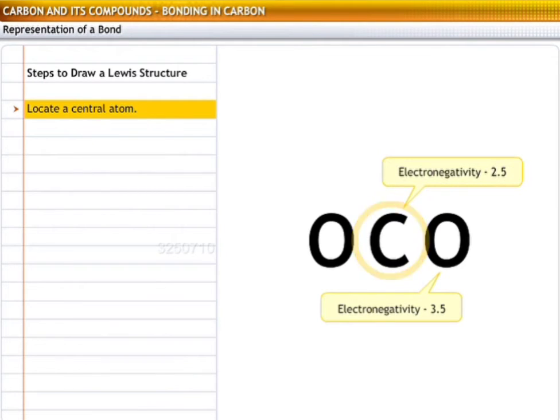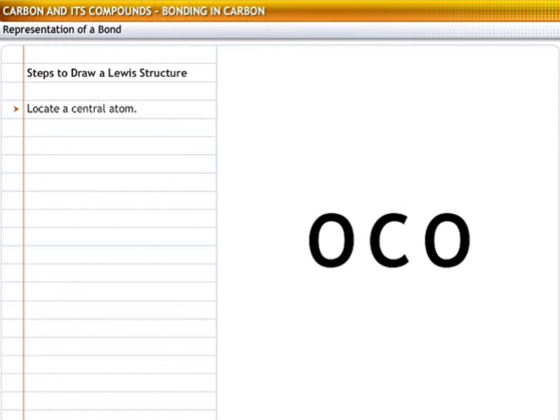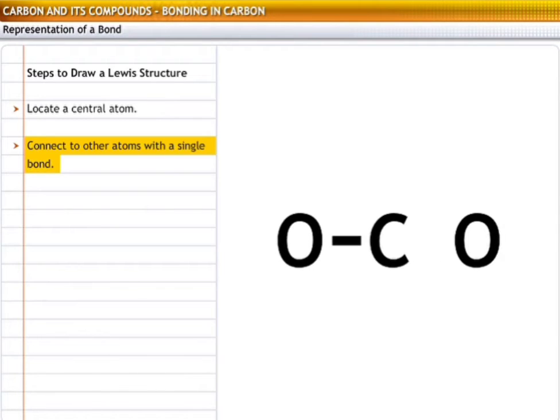In carbon dioxide, since carbon is less electronegative than oxygen, it is the central atom. After selecting the central atom, connect the other atoms to it with a single bond. We may change these bonds to become double or triple bonds as we progress. So, let us connect the two oxygen atoms with a carbon atom through single bonds on either side of it.